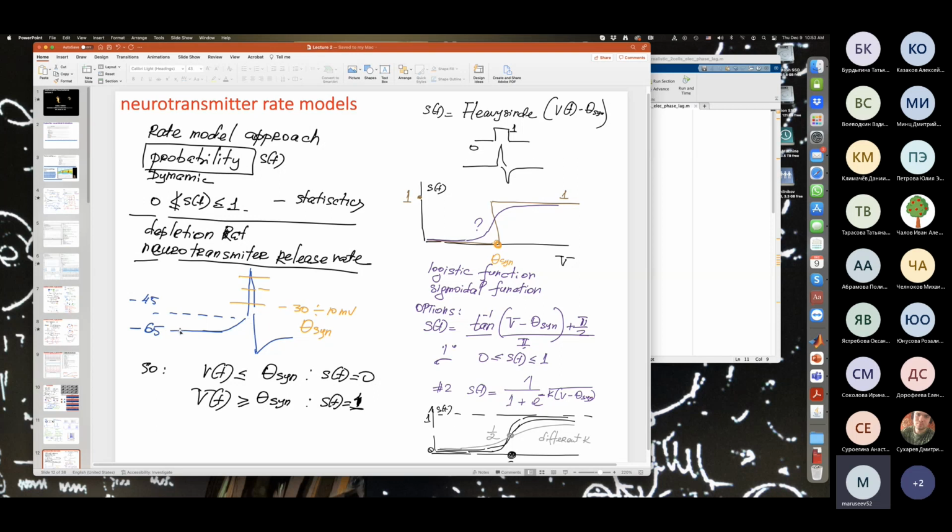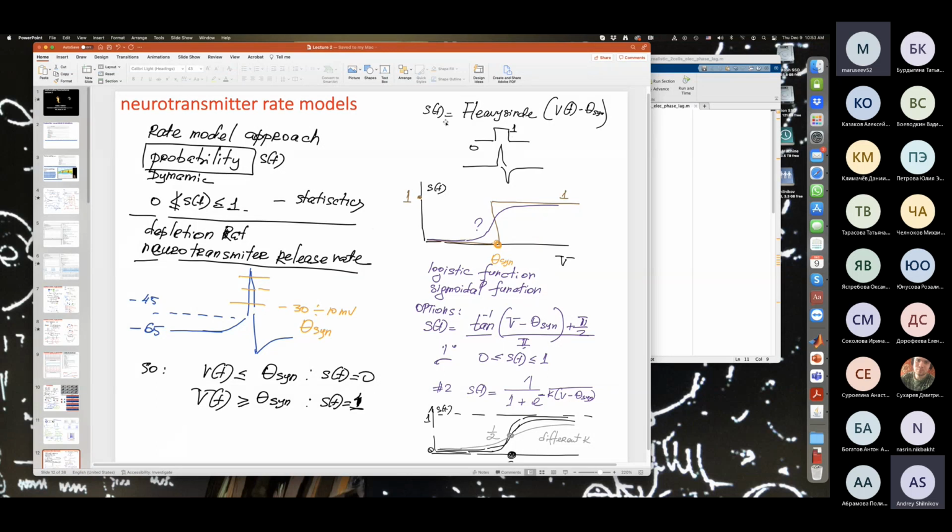As long as the cell is below synaptic threshold, it doesn't talk to the other cell of the network. But as soon as it reaches synaptic threshold and generates spikes, a group of neurotransmitters will reach the postsynaptic cell to deliver the message, okay?